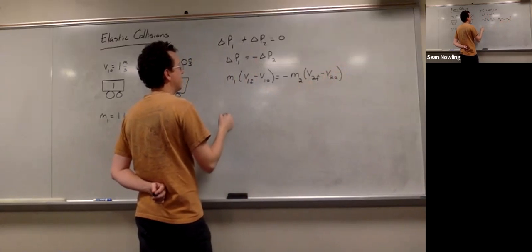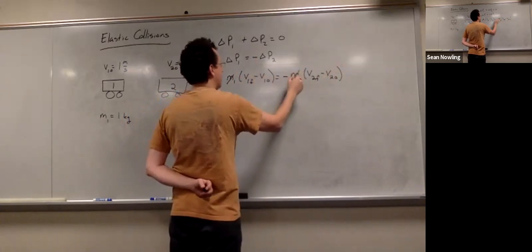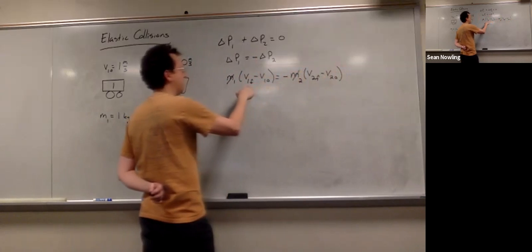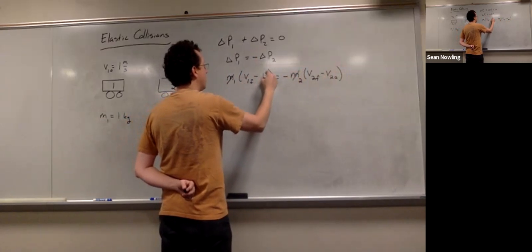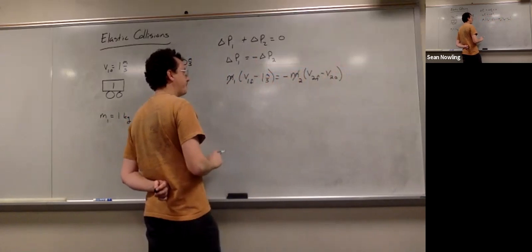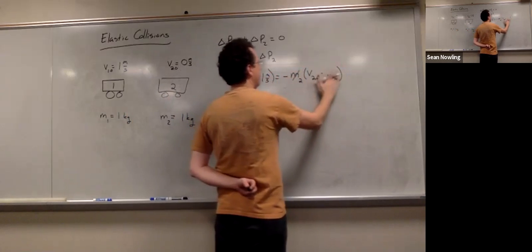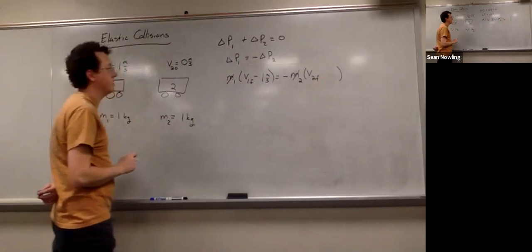Let's clean some of these things up. Let's plug in some numbers here. The masses were the same, so they canceled. I don't know the final velocity of cart 1, but I know the initial velocity was 1 meter per second. For cart 2, I don't know the final velocity, but I do know the initial velocity was 0. So that cleans things up a little bit.